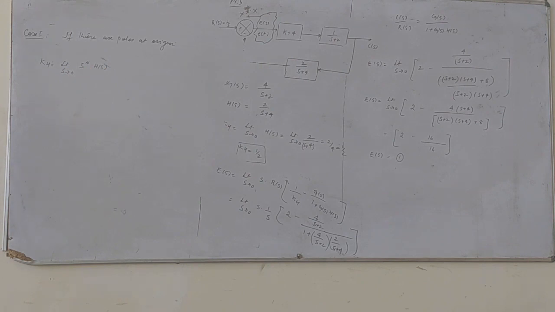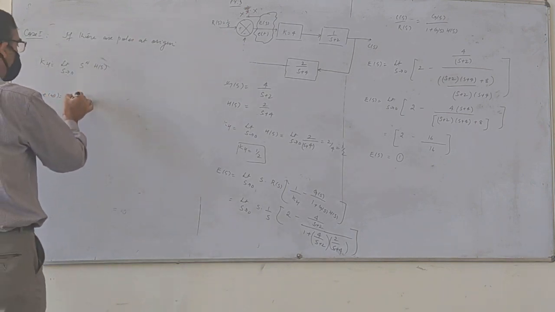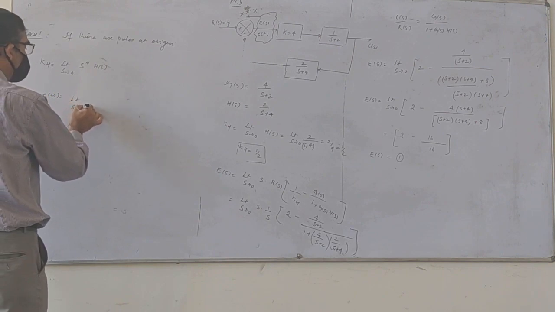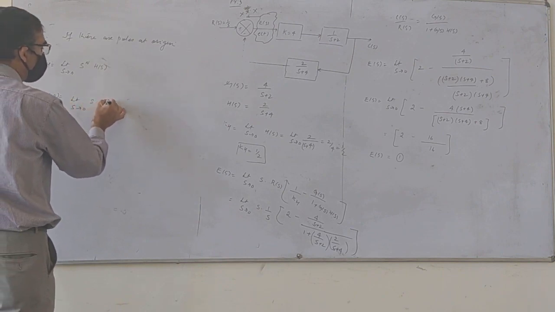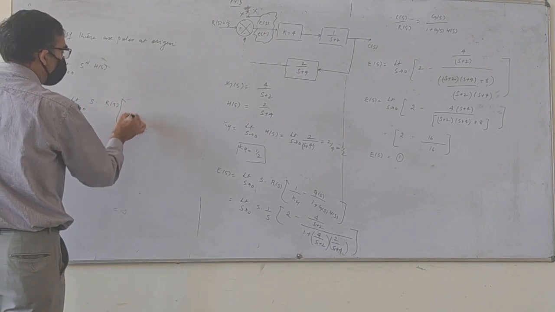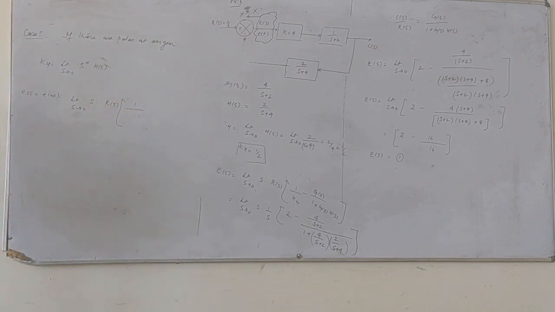So what will be the change in the steady state error now? Steady state error, what was the formula? The formula is the limit as s tends to 0 of s R(s) times 1 by, it was K_H. Now H(s) you have to take into consideration.